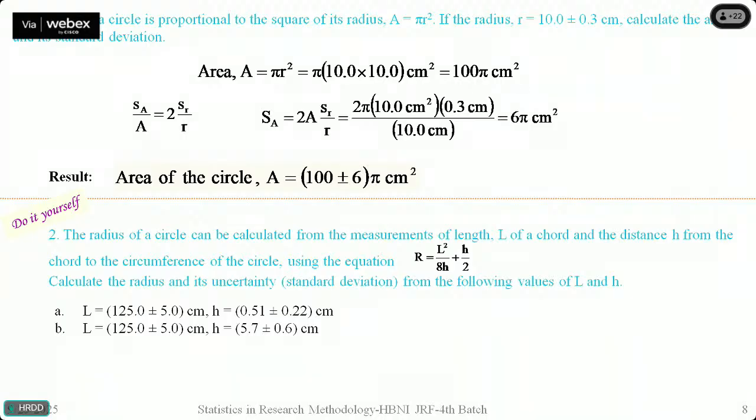When you multiply L with another L, the same L, the uncertainty will be the same. Propagation will be 5.0 by 125.0 squared, plus another 5.0 by 125.0 squared, because both are L. Take the sum, twice, then the square root. That will be the relative uncertainty.